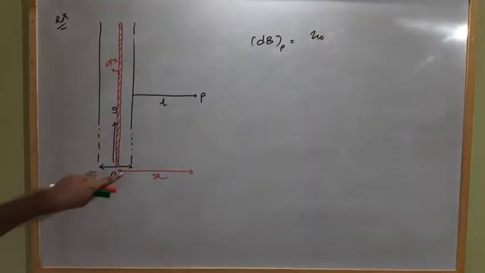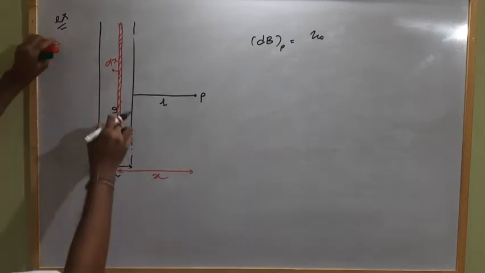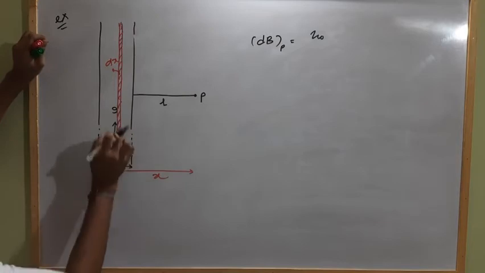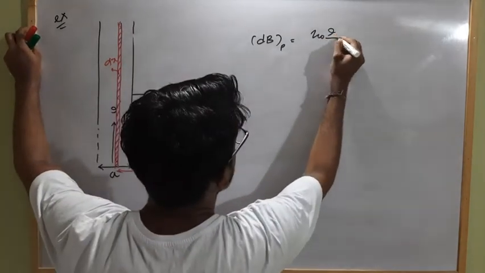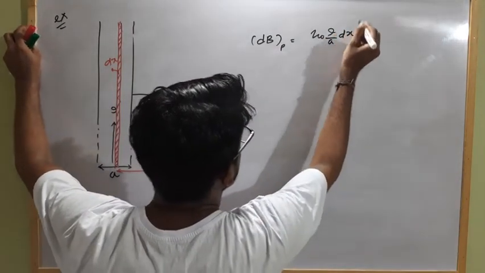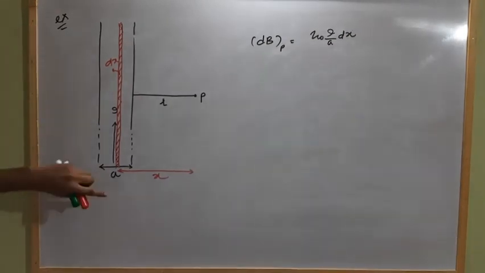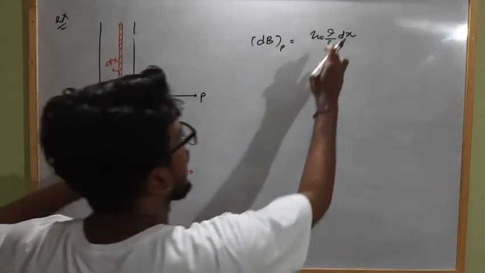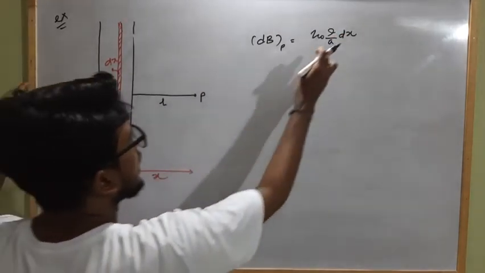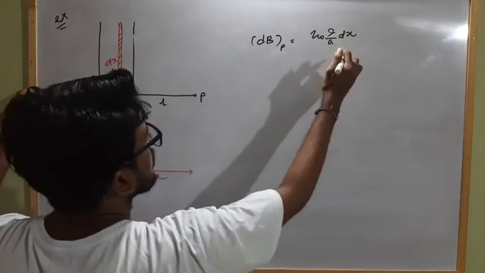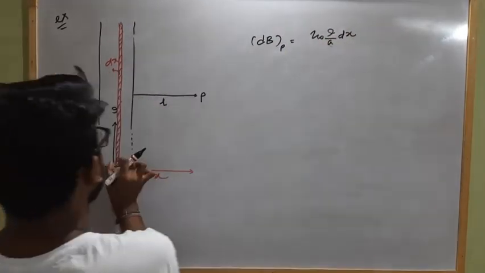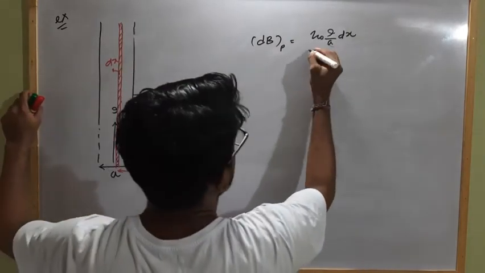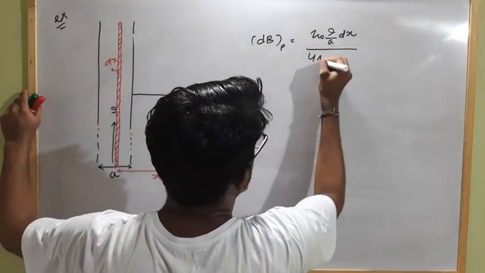As I is flowing through the complete length A, per unit length it will be I by A, and for dx length it will be I by A into dx. Clear? This will be the value of dI flowing through this small segment, divided by 4 pi.